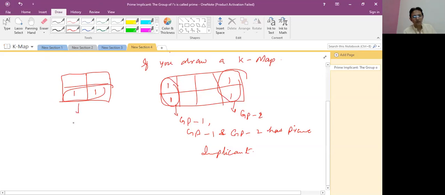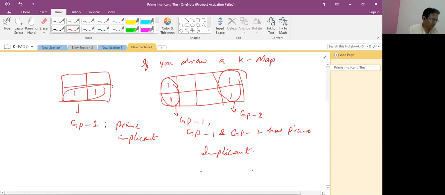So if we call the name group 1, it is called implicant.